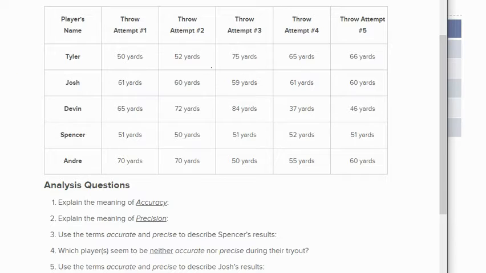Okay, so going across here, we're seeing who's most precise and who's most accurate. If they're going for the 50-yard line, who's most precise? So precision is where they're clustered close together.